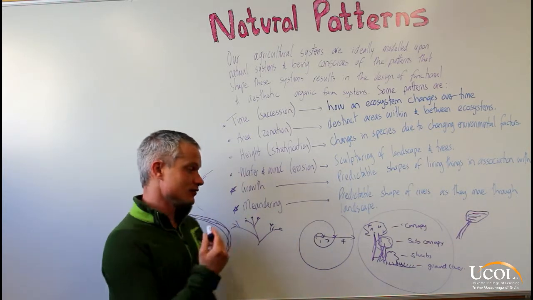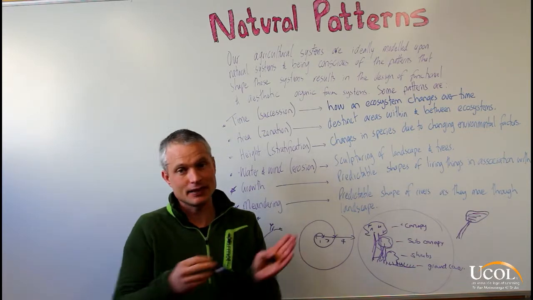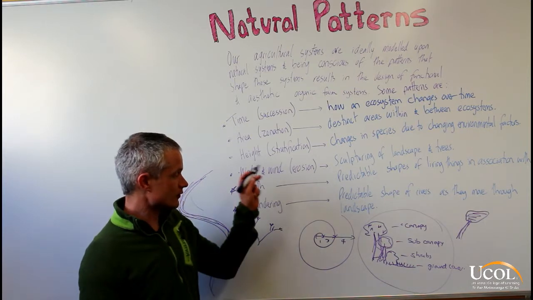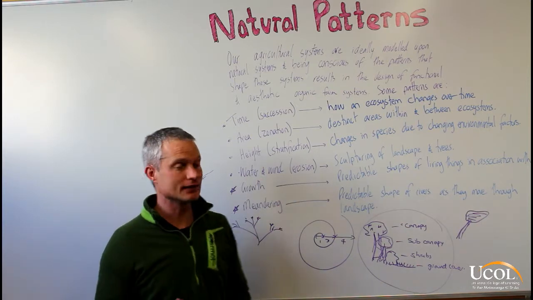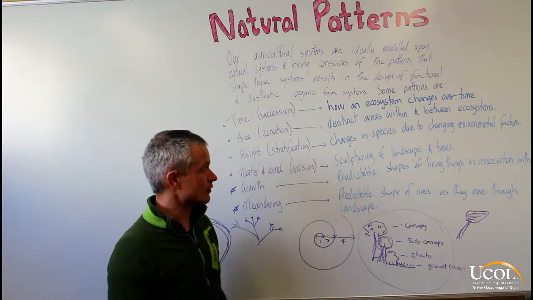Again, you can use that pattern to harmoniously create landscapes that blend in with the natural forms. So overall, these types of patterns can really help inform the design of an agricultural landscape.